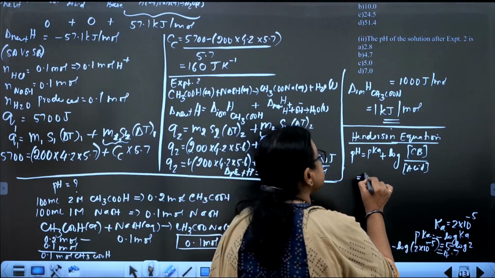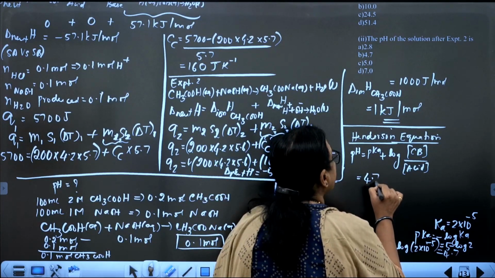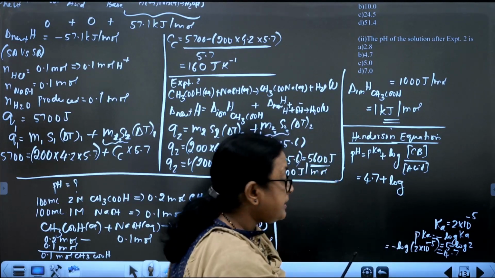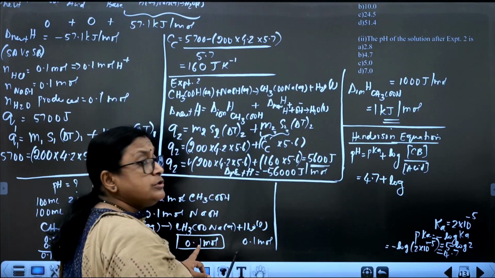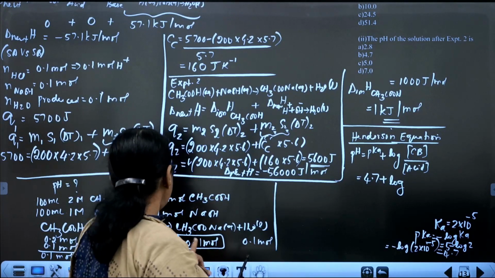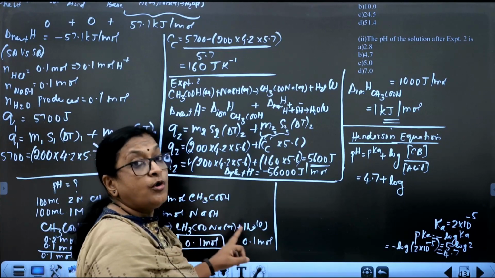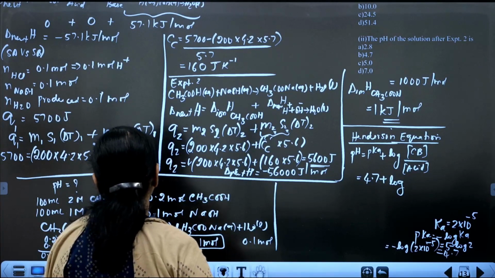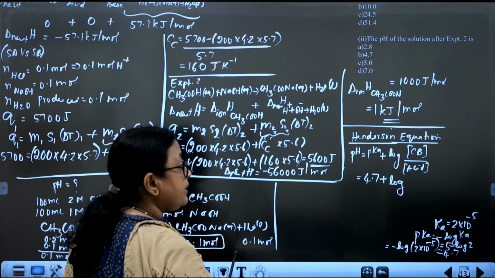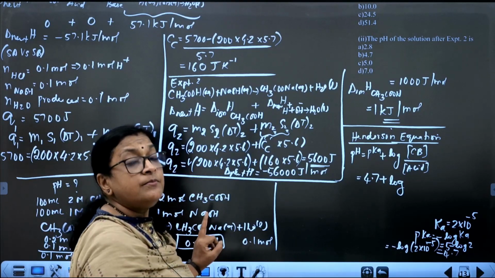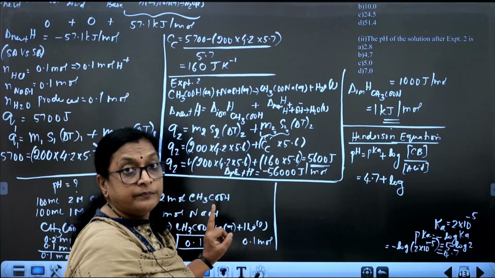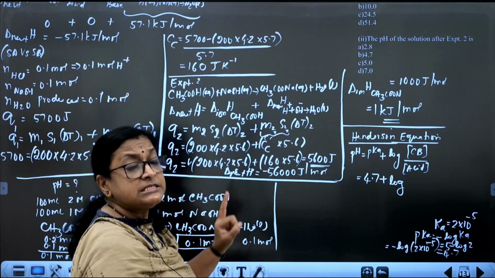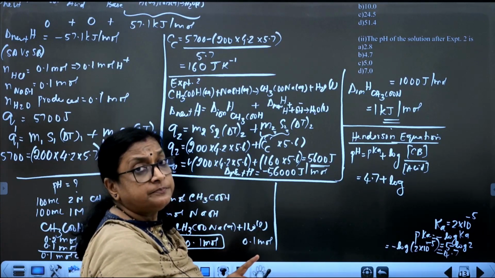So, pH is equal to pKa 4.7 plus log concentration of conjugate base, number of moles of salt 0.1 divided by volume, which is 200, divided by number of moles of acid left behind 0.1 by the same volume 200. Concentration is number of moles by volume in liter.